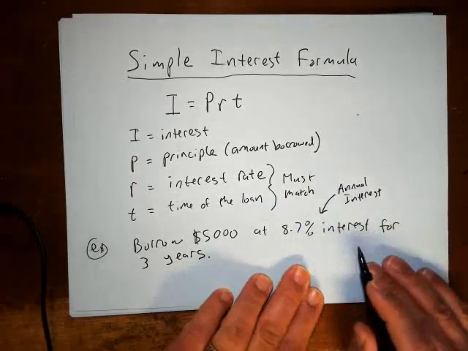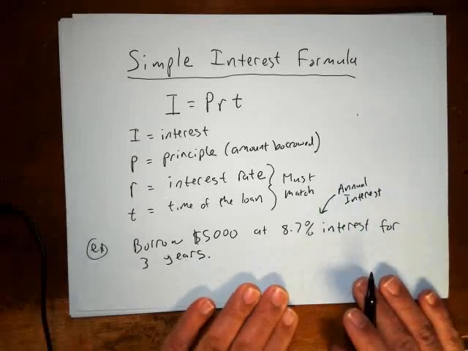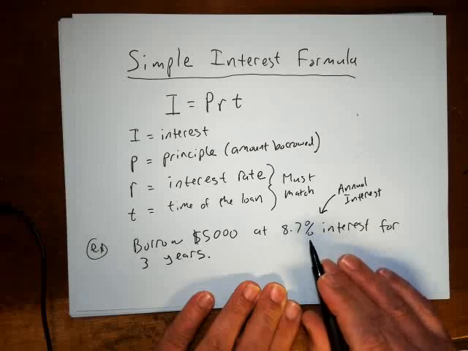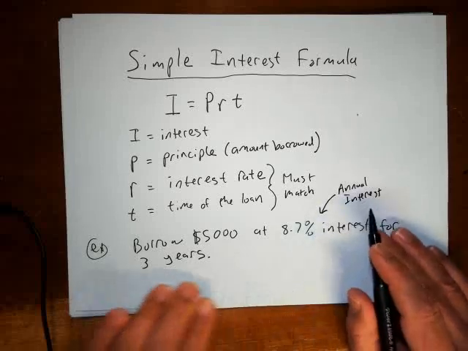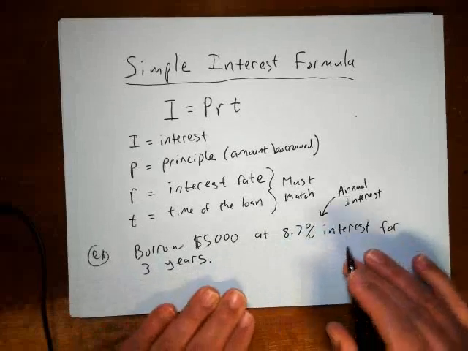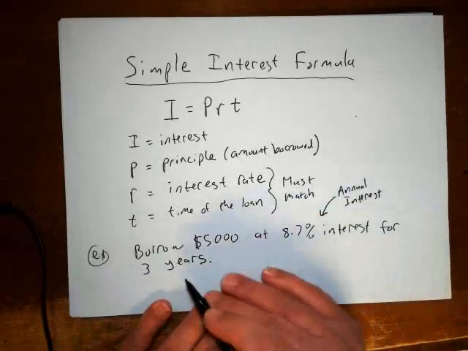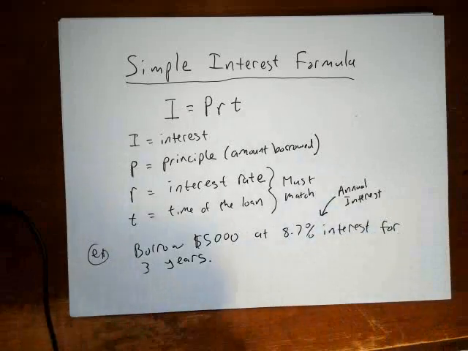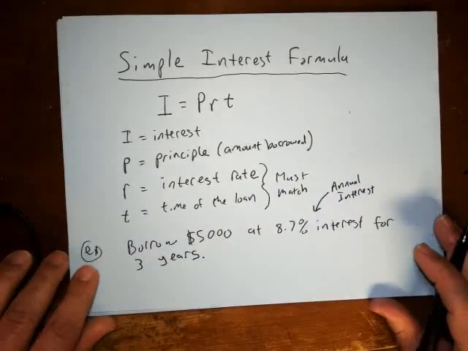But if they just give you the percentage, then you assume that that's annual interest. So notice this is 8.7% per year, and I'm borrowing it for 3 years. And so the rate and the time, they match.